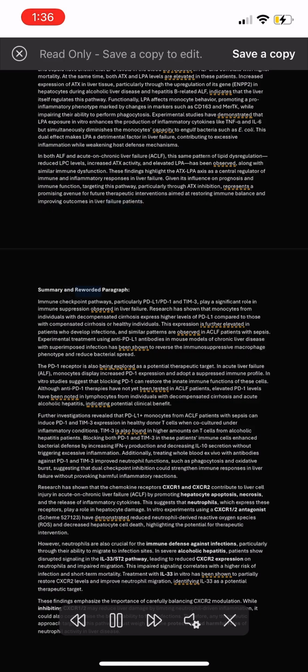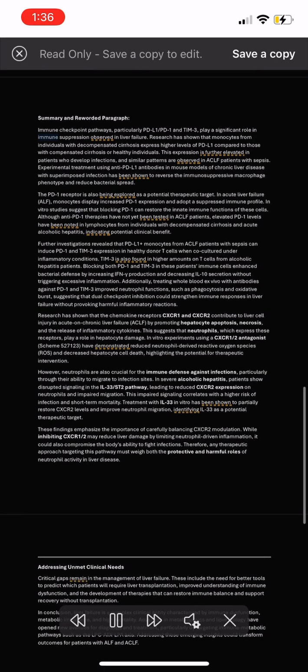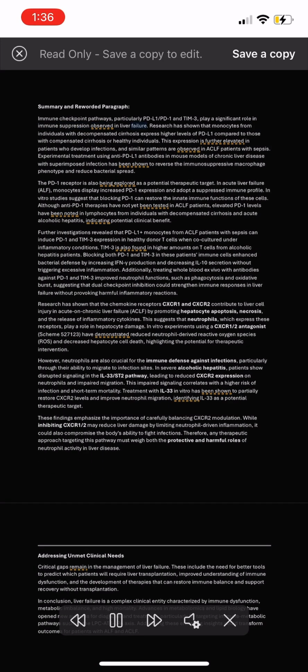Summary and reworded paragraph. Immune checkpoint pathways, particularly PD-L1 and TIM3, play a significant role in immune suppression observed in liver failure. Research has shown that monocytes from individuals with decompensated cirrhosis express higher levels of PD-L1 compared to those with compensated cirrhosis or healthy individuals.